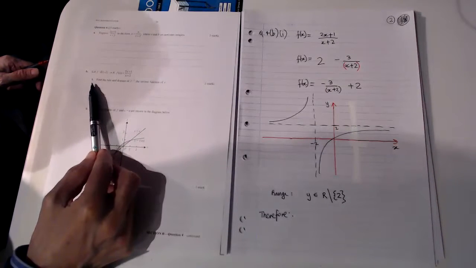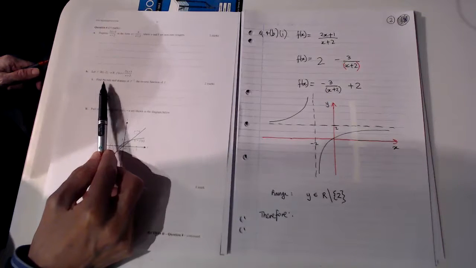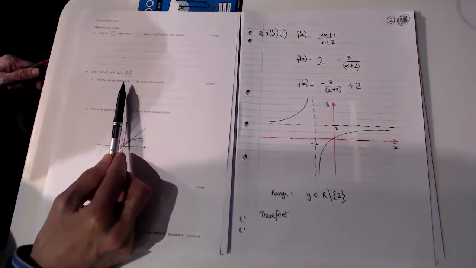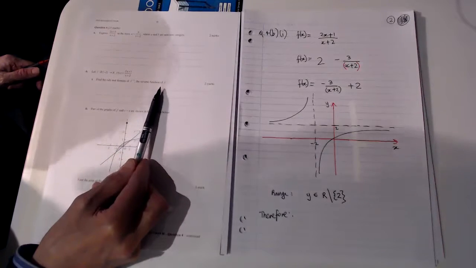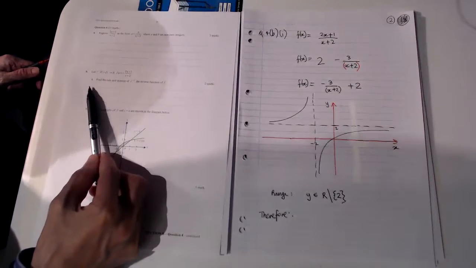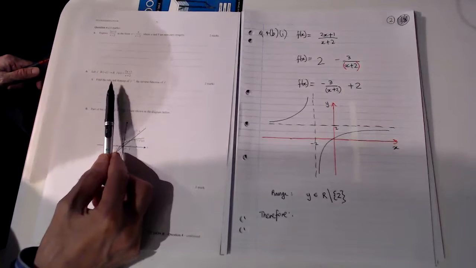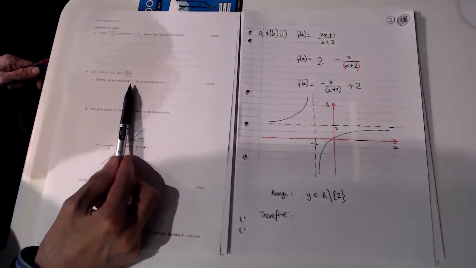B part 1. Find the rule and domain of the inverse function of f. I repeat, B part 1. Find the rule and domain of the inverse function of f.